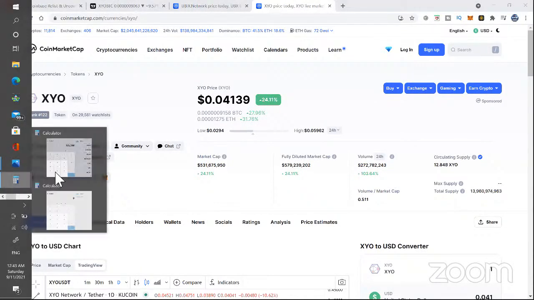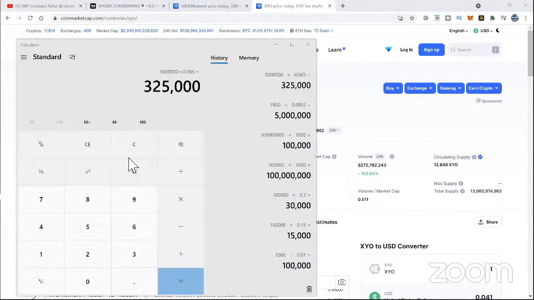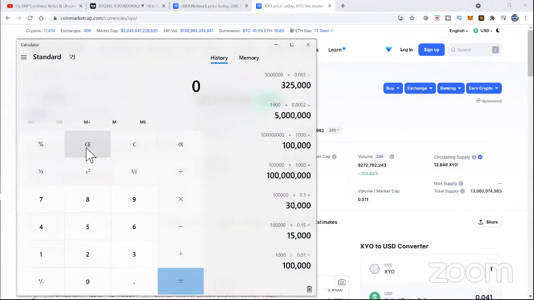Calculator. There we go. Okay, so we'll clear that. We have $1,000, and we divide that into 0.042. That's I believe the price that it is at right now.